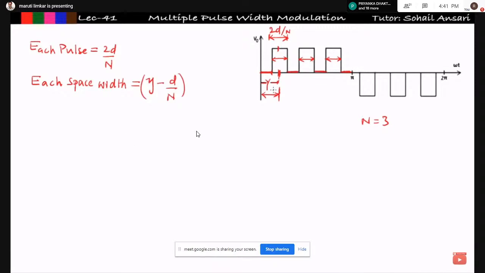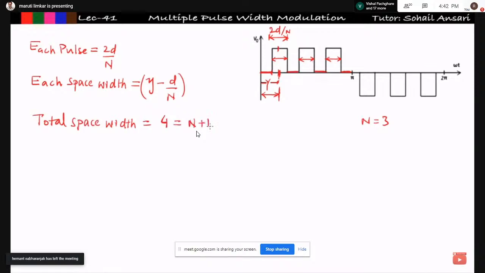Let us understand. Here for 3 pulse widths we are getting 4 space widths, so the total number of space widths is 4, which is equal to n plus 1. Now till pi, 4 multiplied by gamma minus D by n is my total space width, plus the total pulse width.